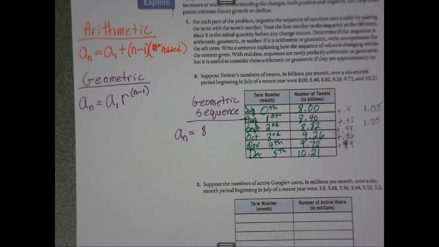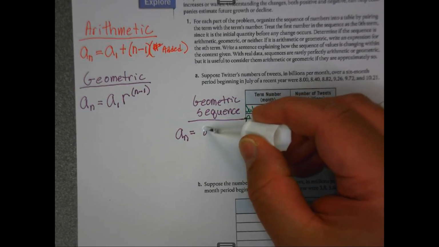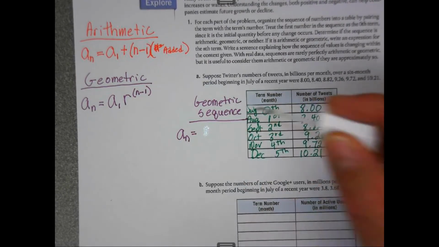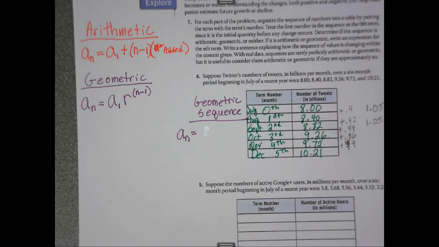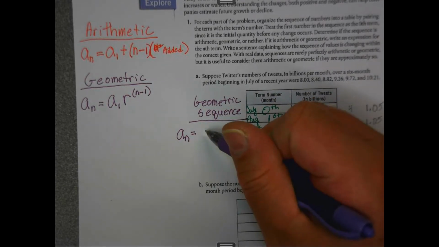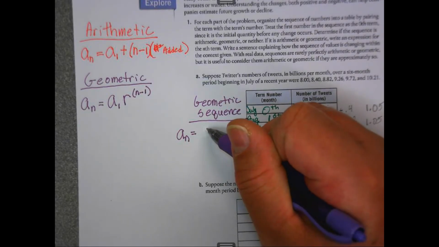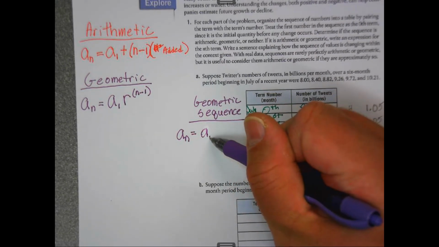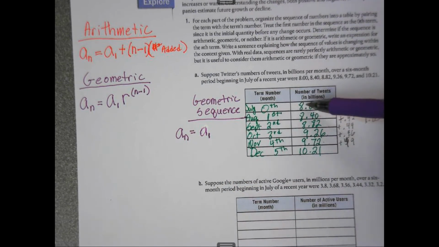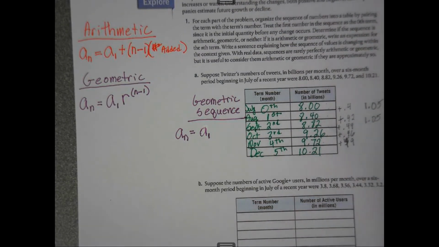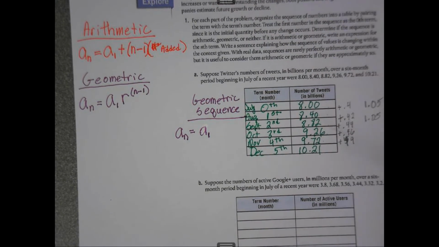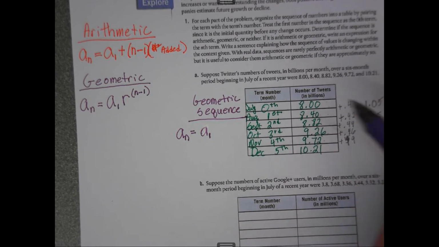Oops, I don't want to use 8, I want to use my variable. Now you can use a 0th term. I'm so used to putting the 8 in there as the first term, and I'm going to keep using the first term because I've always called this the first term, but technically it is the zeroth term because nothing has happened to that.